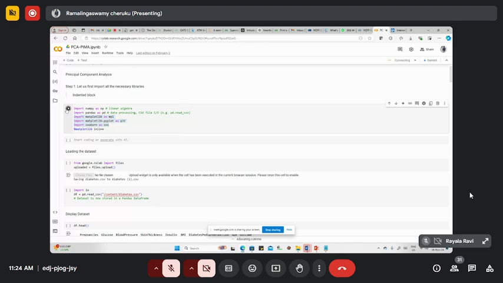Okay, so let us compute that. I am running this cell. Once it is successful, with no bugs, you will find a tick mark in green color on the left side of the run button.